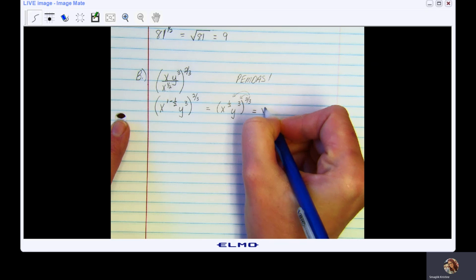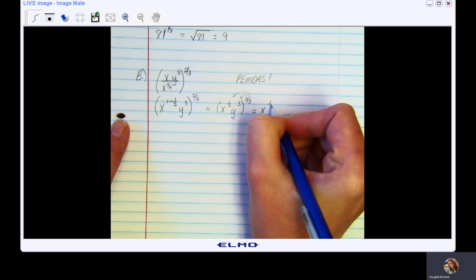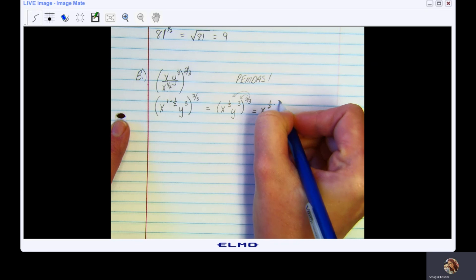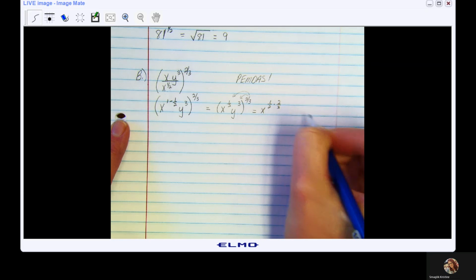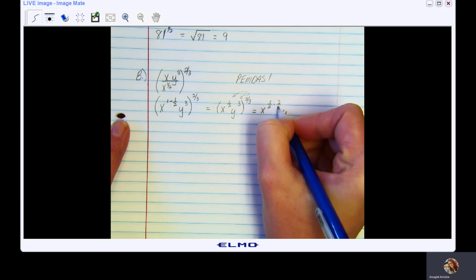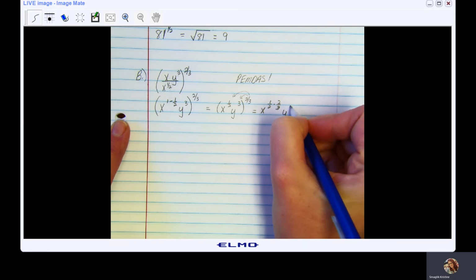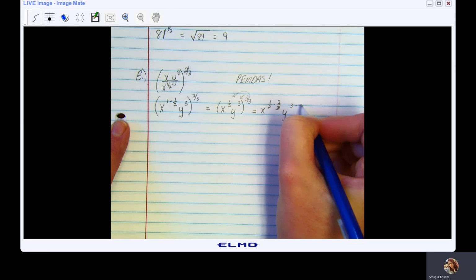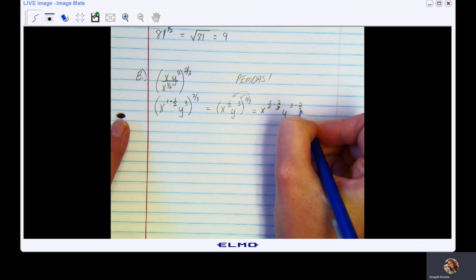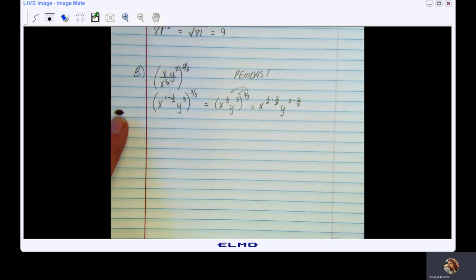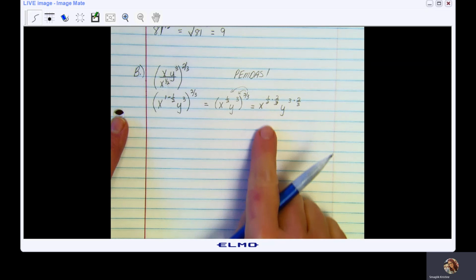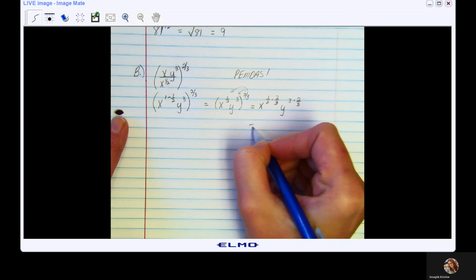So I have x raised to the 1/2 times 2/3, times y raised to the third power times 2/3. I'm just going to start cleaning this up. I'll move it down.